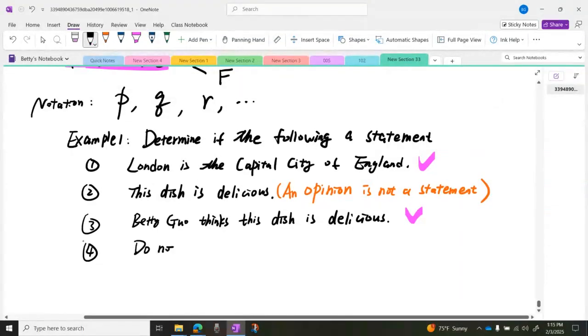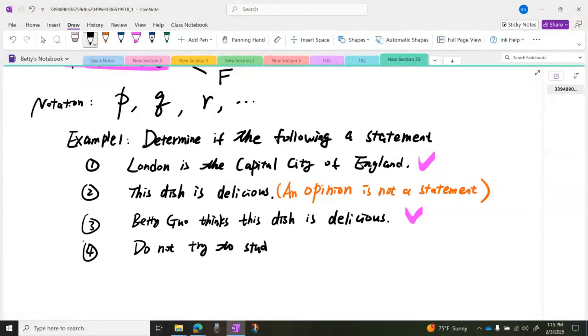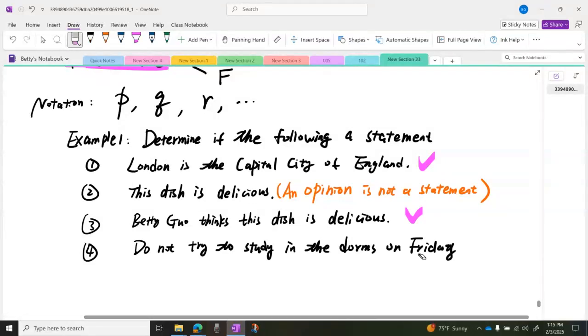Do not try to study in the dorms on Friday nights.